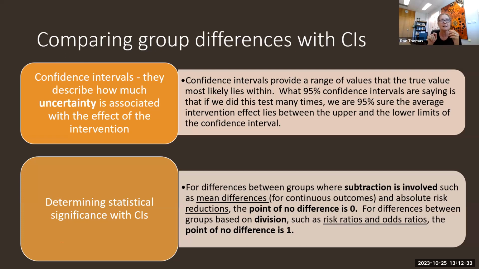These are saying that if we do this test, whatever the test is, lots and lots of times, we are 95% sure that the average intervention effect, the average difference between these two groups, lies between the upper number and the lower number that you see. Those are the confidence intervals: a lower confidence interval and an upper confidence interval.